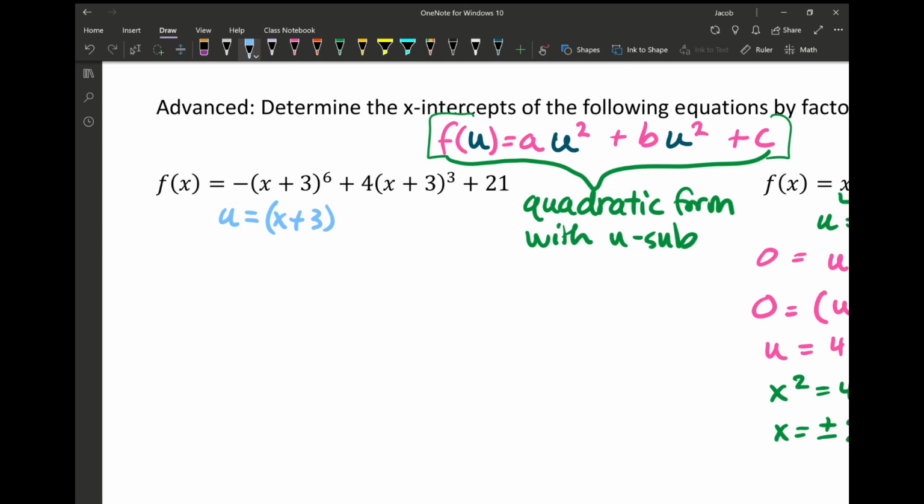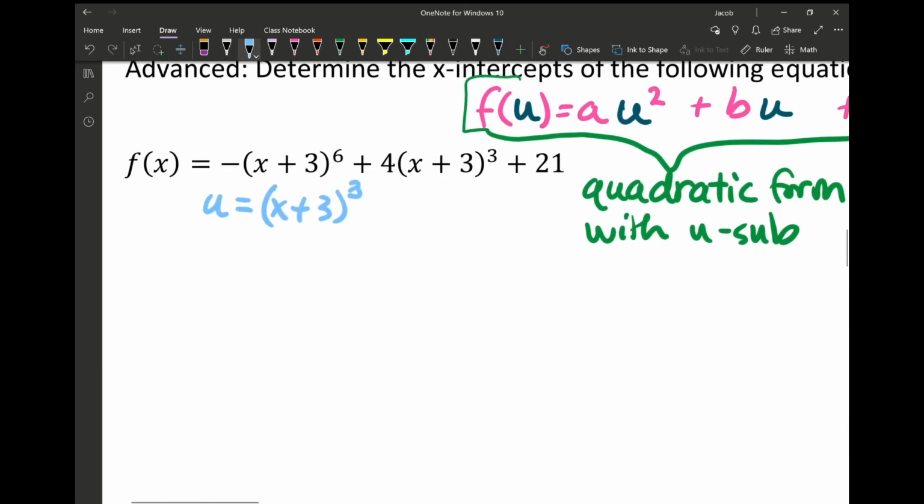So we're going to make x plus 3 cubed be u, so that when we replace x plus 3 cubed, we should get a really simple quadratic form.